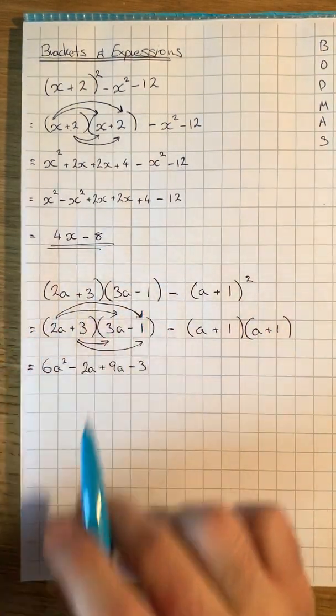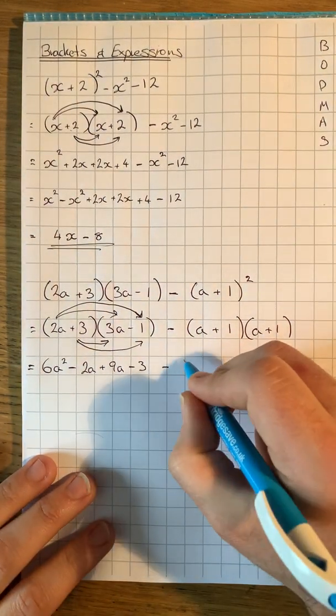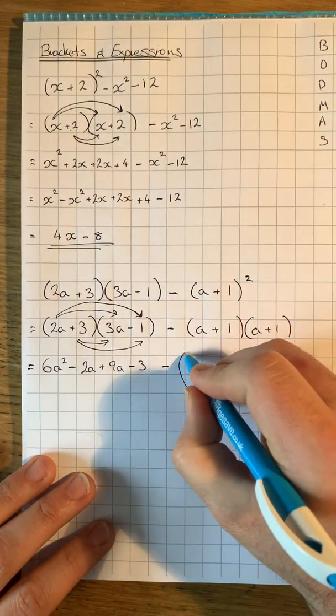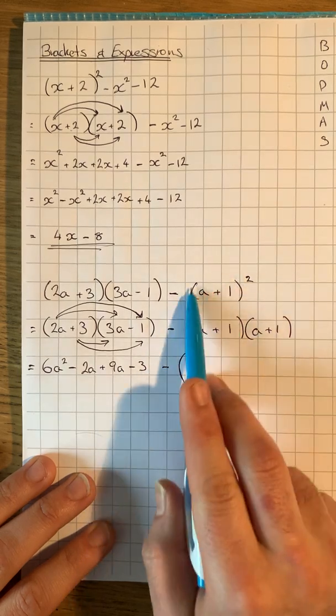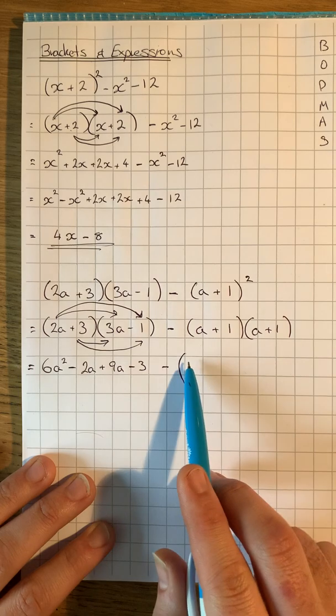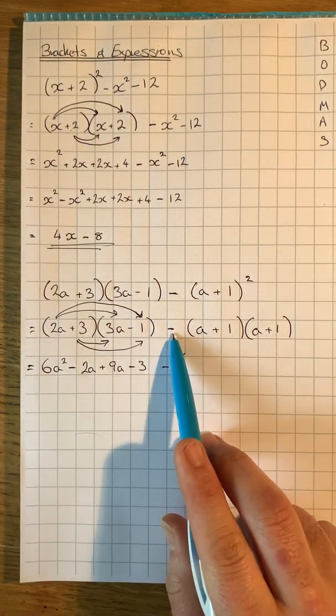Now, that's that bit done. I've still got this wee negative here, and what I'm going to do is put another bracket here, because this negative is saying that we're taking the negative of all of this. So once I've multiplied this out, I'm going to negate everything and turn it to its opposite, because this is a negative.